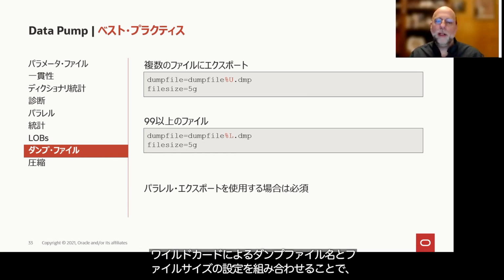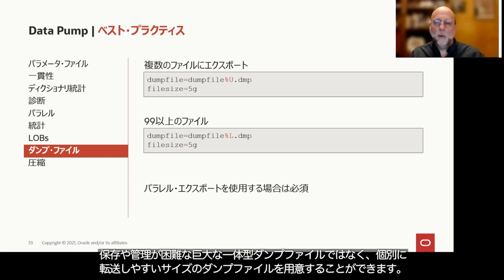With a combination of wildcarded dump file names and setting the file size, what you can do is have a set of dump files that are kind of bite-sized or easy enough to transfer around individually. So not a big monolithic dump file that could be difficult to store or manage. And then you can have enough of them that you can still hold your entire database, even when you get into terabytes.